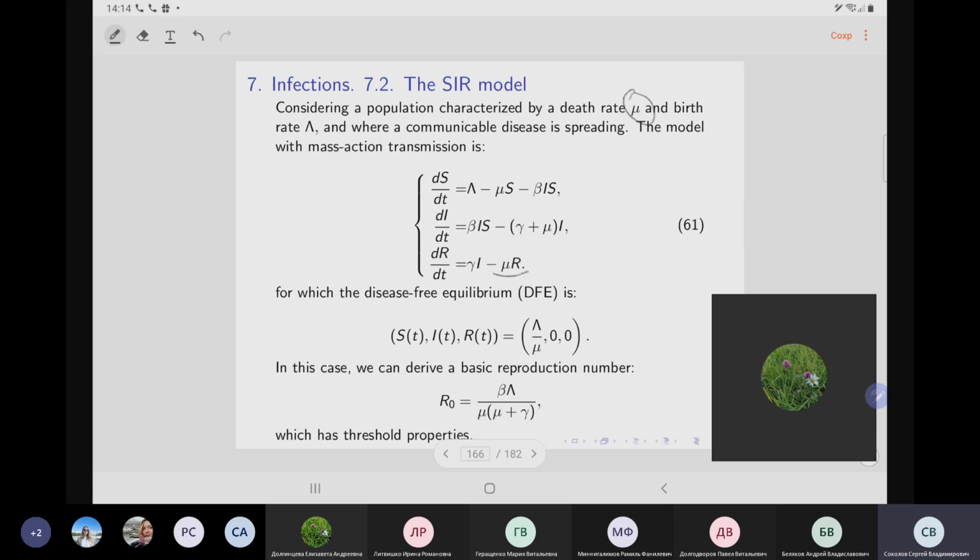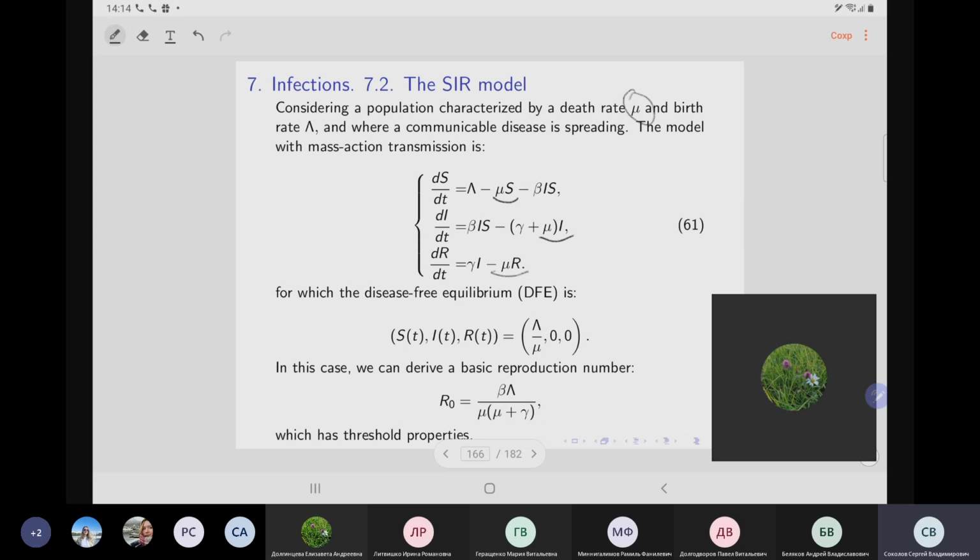So it is just the death rate for all of them, for susceptible, infected, and recovered. And this death rate does not depend on the epidemic. It is all the possibilities to die in an accident, from age, and so on, from non-epidemic diseases.